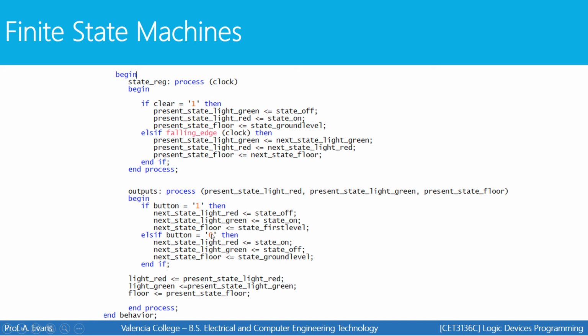If the button is 0, here's where we determine the next state. Here's where we send the present state to each output that was determined in the port statement in our entity declaration. So these 2 processes will implement our idea of the elevator.